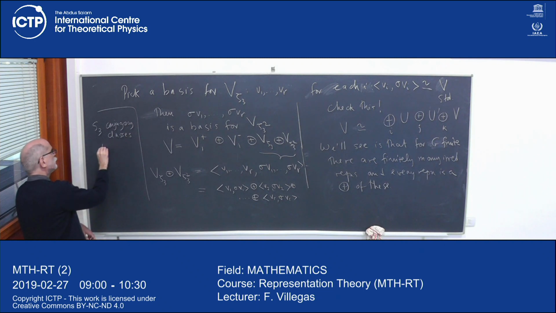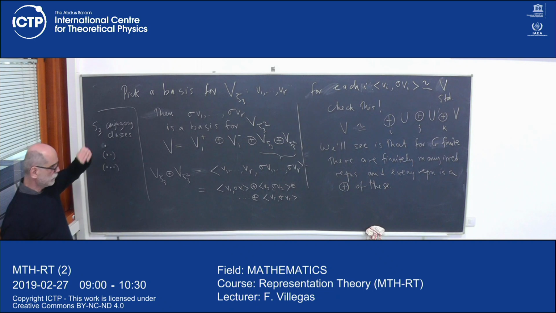This is the class of the identity, the class of a 2-cycle, and the class of a 3-cycle. And so there's 3 conjugacy classes, and we found there's 3 irreducible representations.